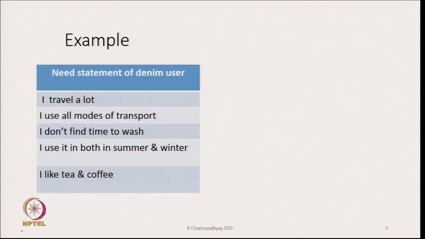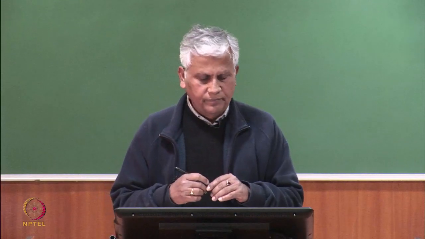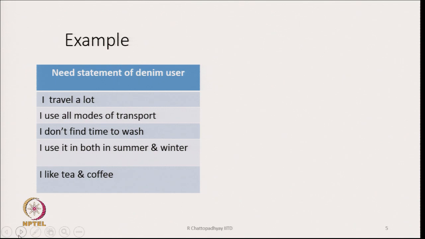All right. So, let us go to the next slide where there is an example given. This states that, let us say, a certain need statement of a denim user. We are giving a very short and brief example. From the denim user we could find out the need statements of the users: I travel a lot.